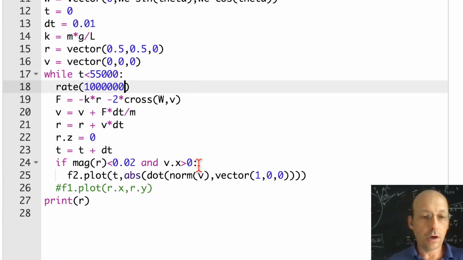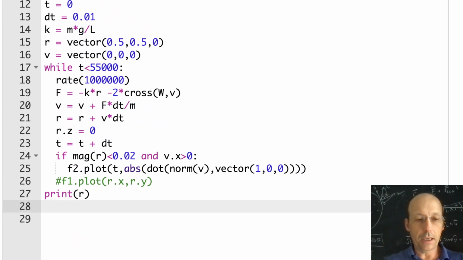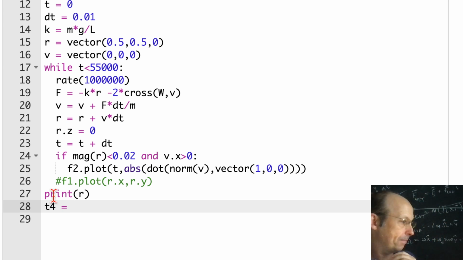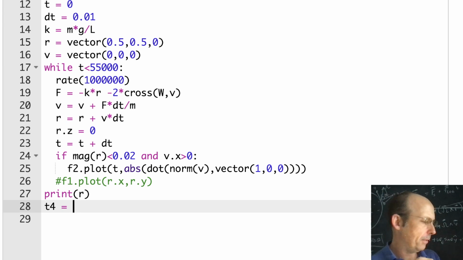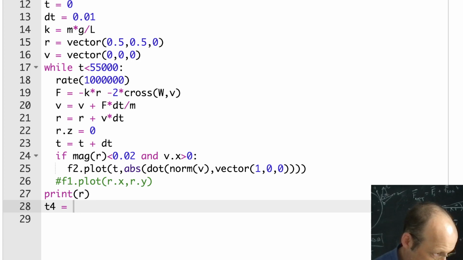Down here, a quarter of the period, let's call it T4, is going to be equal to the angular velocity of the Earth. Wait, what did I do before? I need to switch. I'm having trouble thinking right now. Let's switch back over here. Where's my chalk? Okay, back to the board.